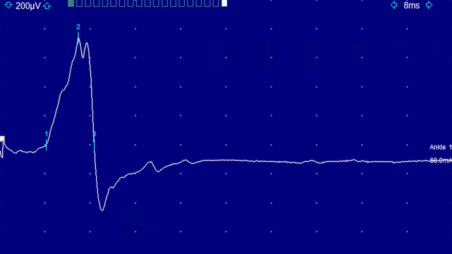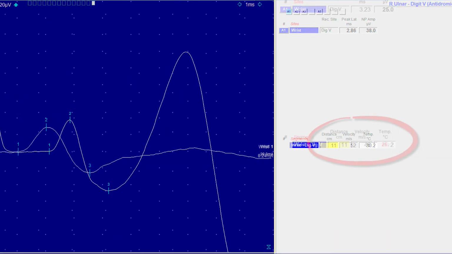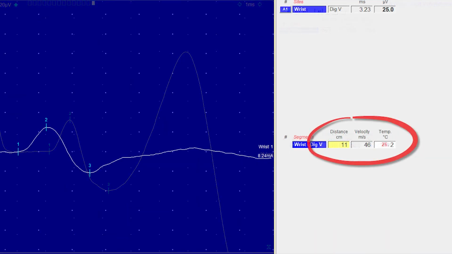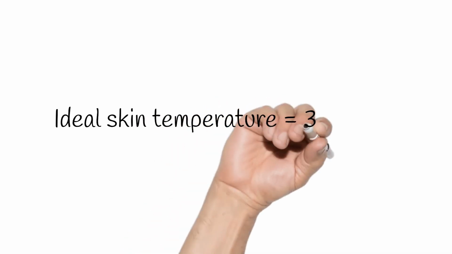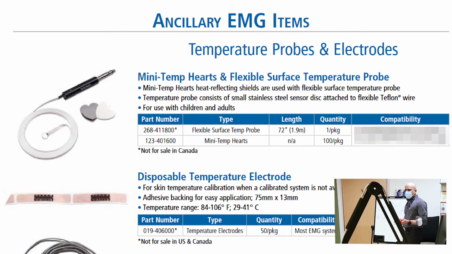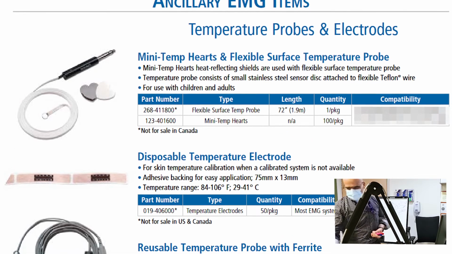Confounding factors, which can change a normal study to an abnormal study. Temperature, very good. Temperature. Ideally, we should keep the temperature at around 31 degrees centigrade, skin temperature. Hence, we have this thermometer here.